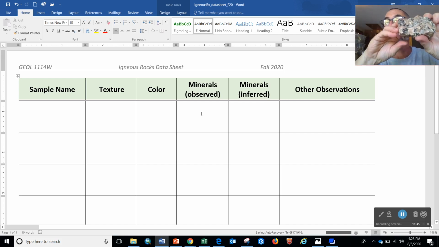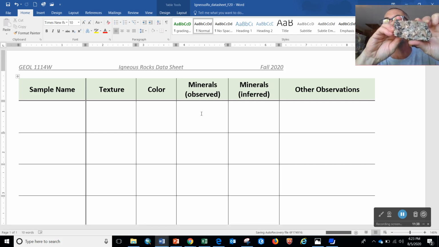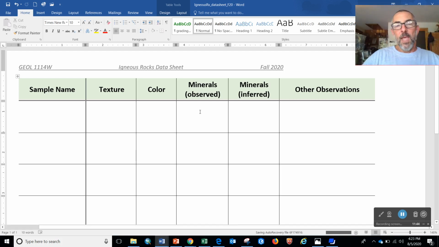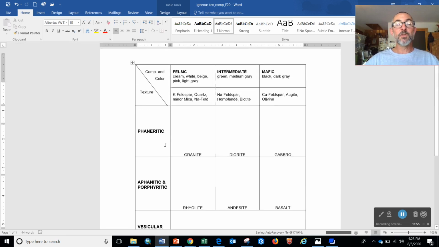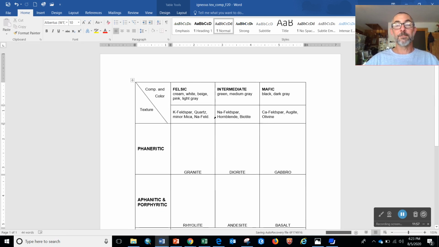If it is phaneritic, for example, I see a lot of pink potassium feldspar in here. You should know potassium feldspar pretty well after our minerals labs. If you don't see any minerals that you can observe, then what minerals should be in there? What minerals exist in there based on what you see here?